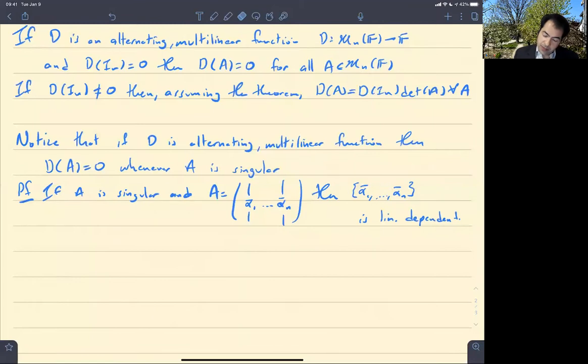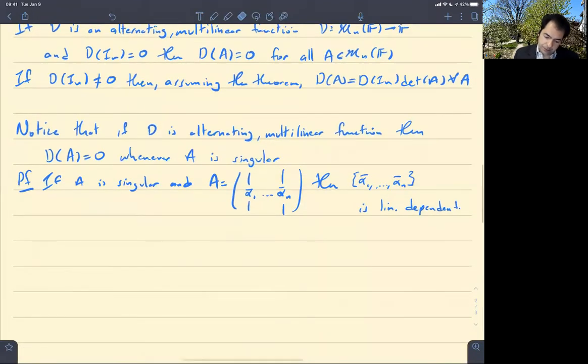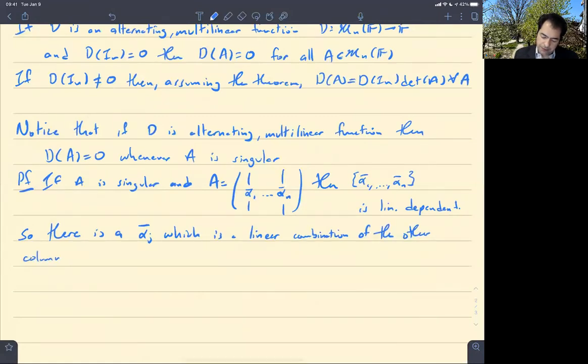And since this is linearly dependent, we know that there is an alpha j which is a linear combination of the other columns. Say alpha j equal to the sum over k not equal to j of c_k alpha k, where c_k are some constants.